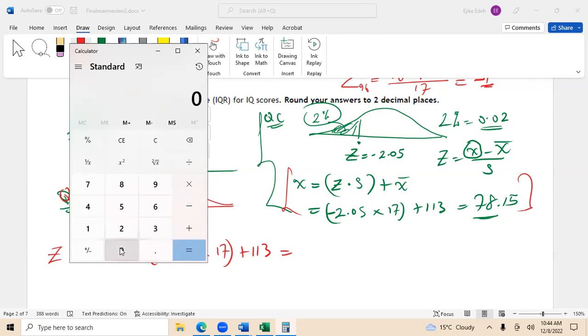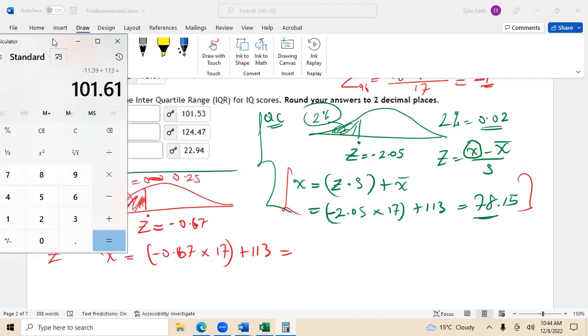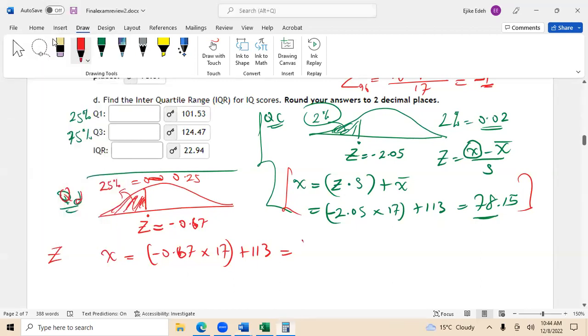So we have negative 0.67, thank you. We have a negative number there. We're multiplying this by 17, right? So the result should be negative. Okay, plus 113. Yes. So we have that 101.61. Okay, so it's still close enough.